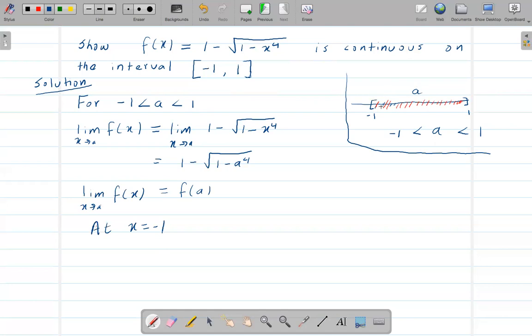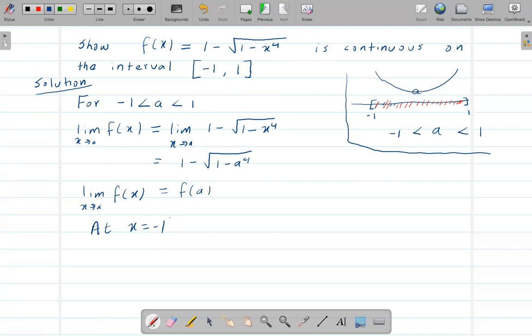Let's just say the graph is something like this curve, since we have x to the power 4. Since we are considering this interval, at this point the graph is basically coming from the right, like this.